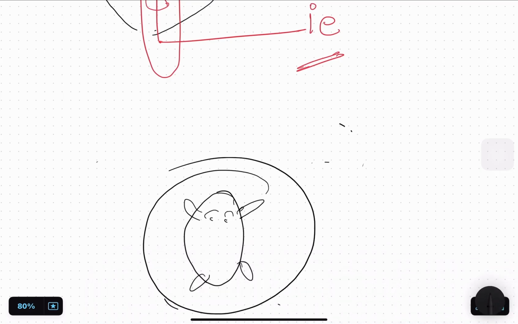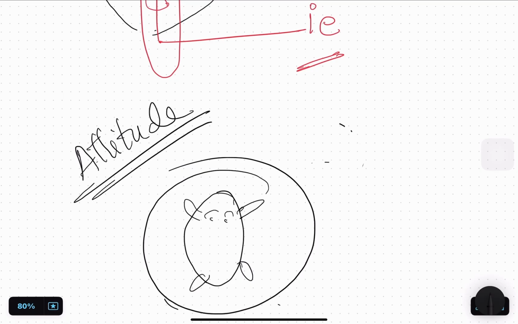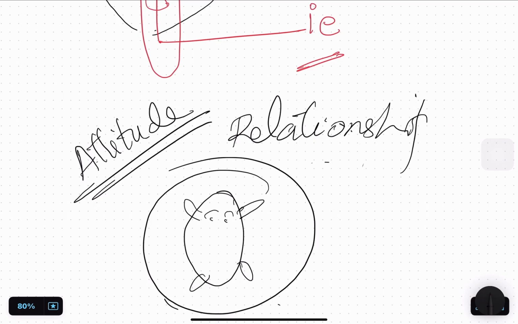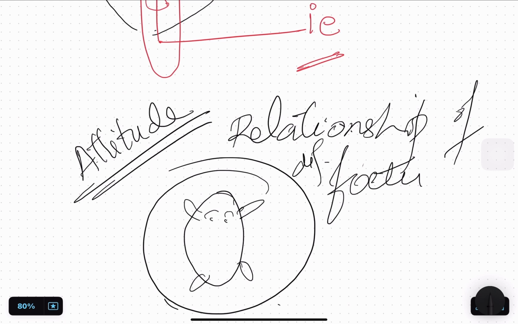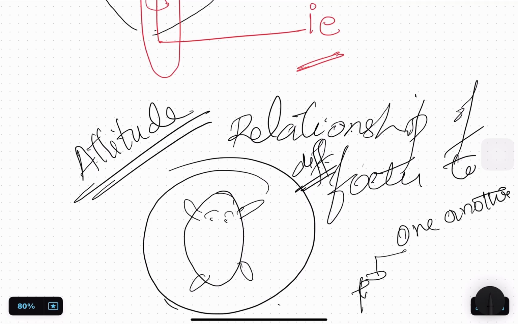So attitude is the relationship of different fetal parts to one another. It can be either flexed or extended, and other various things.